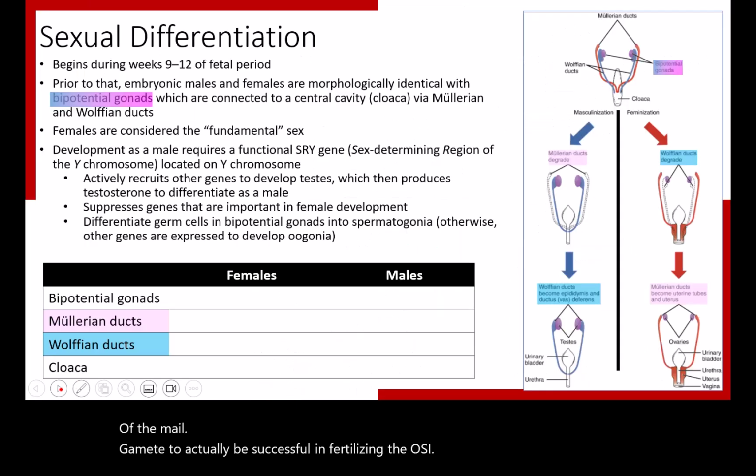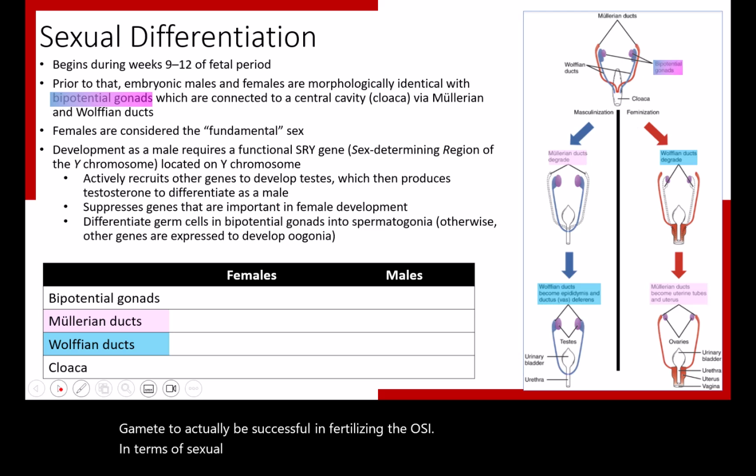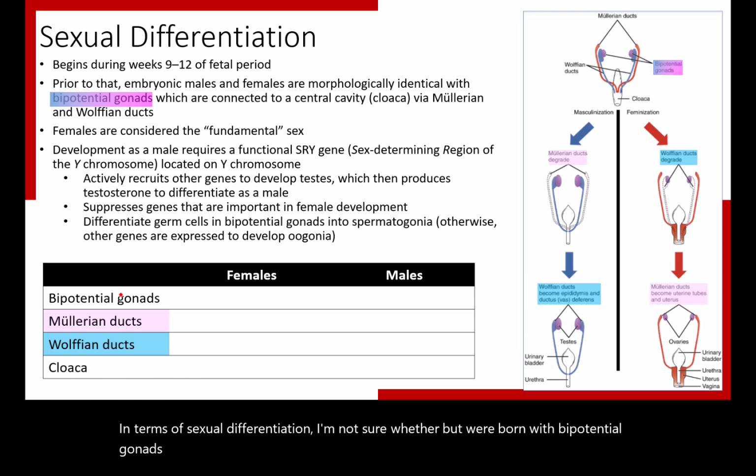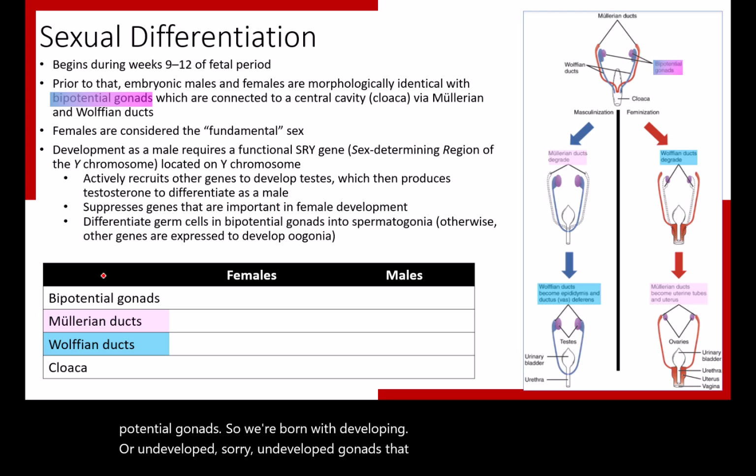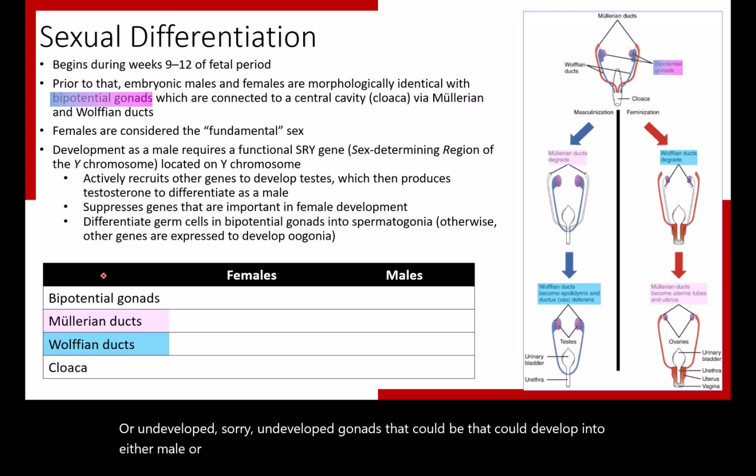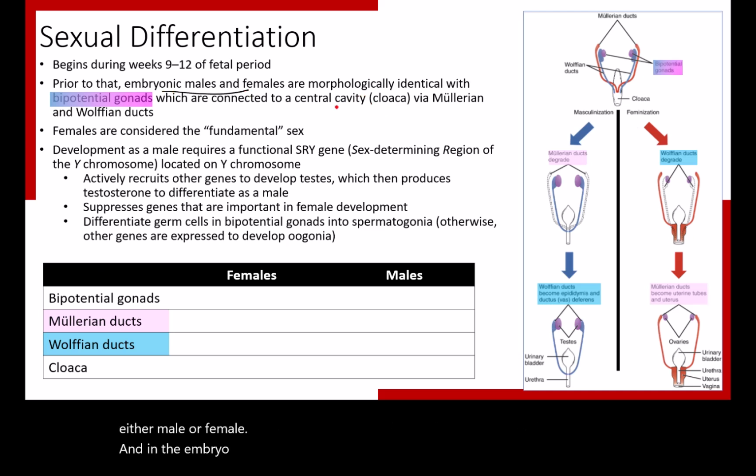In terms of sexual differentiation, I'm not sure whether you know, but we're born with bipotential gonads. So we're born with undeveloped gonads that could develop into either male or female. And in the embryo, these are connected to a central cavity via Mullerian and Wolffian ducts.